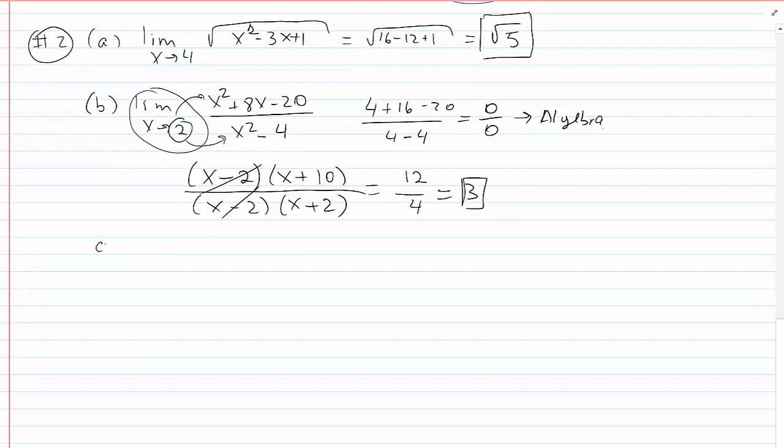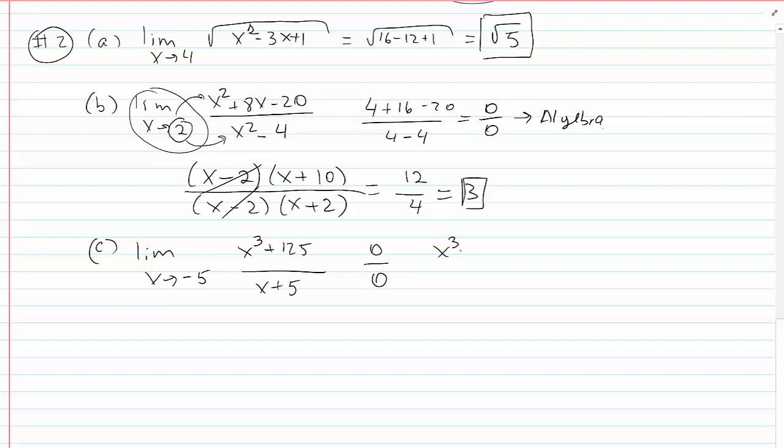Alright, part C. Take the limit as x approaches negative 5 of x to the third plus 125 over x plus 5. Again, it's no surprise once you substitute this here, you're getting 0 over 0. So you need to do the algebra. The algebra here is a little bit more complex.